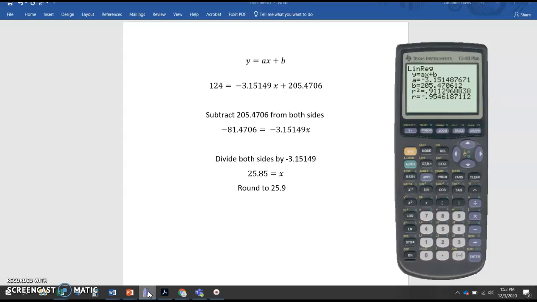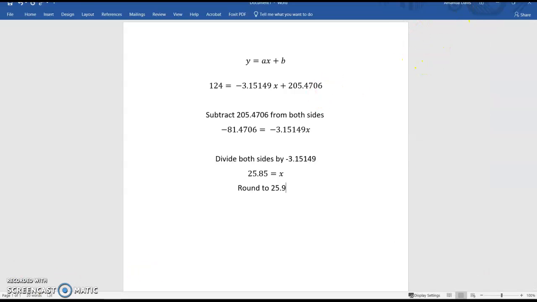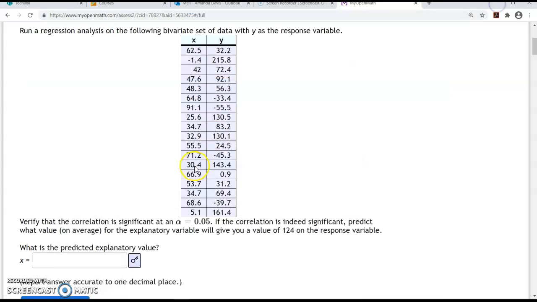At this point, we're multiplying by x, so to undo that operation, we want to divide both sides by negative 3.15149, and that gives me 25.85 on the left-hand side, equal to x. This question is asking to round to one decimal place, so I'll round that to 25.9. So those are the steps I would walk through in order to solve, and so I'll put 25.9 here.